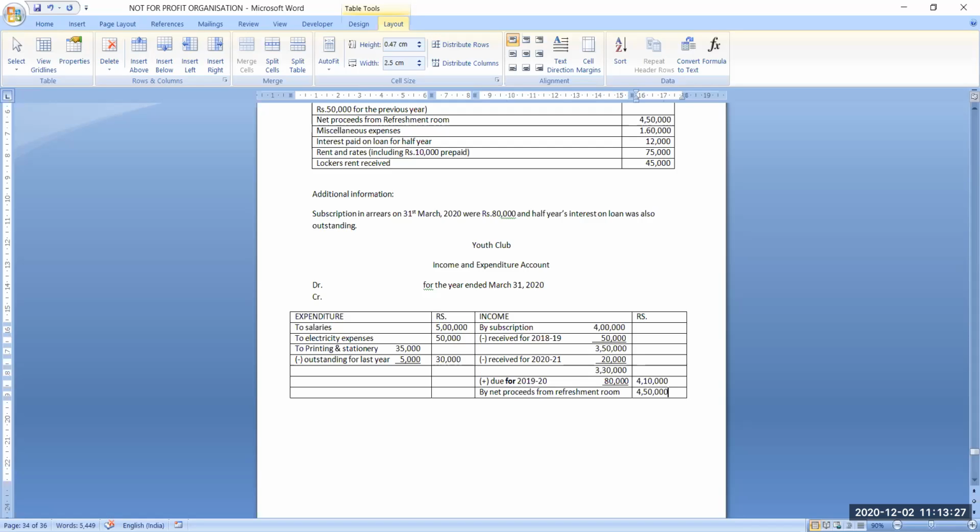Then miscellaneous expenses, 1,60,000. To miscellaneous expenses.